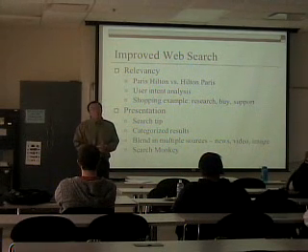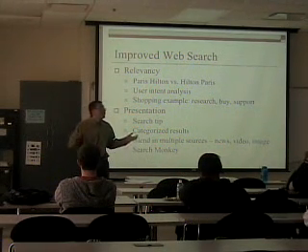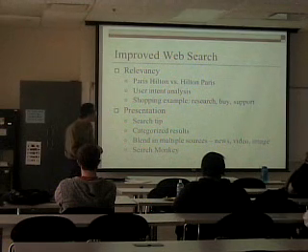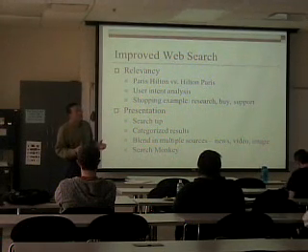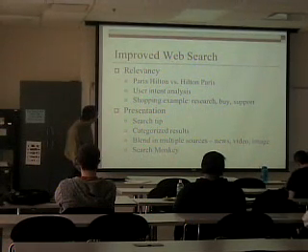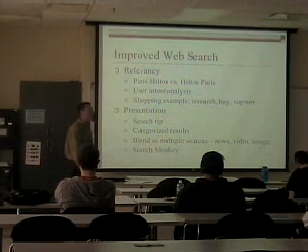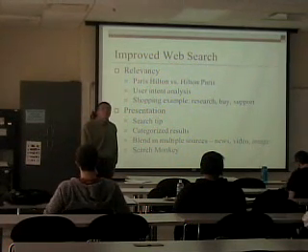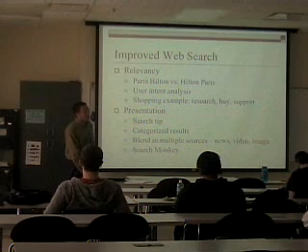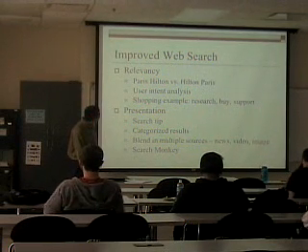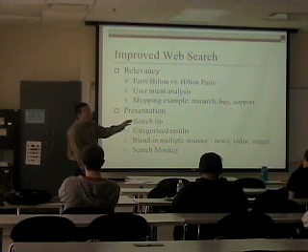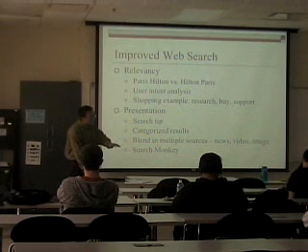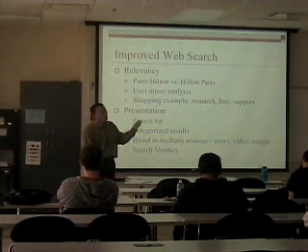But these come from different sources, and you need to blend them in and provide a nice, readable format. SearchMonkey is another technology that Yahoo developed that does a better job presenting this information. Search Assist: as you type your query, it has a drop-down menu that provides you with some hints.